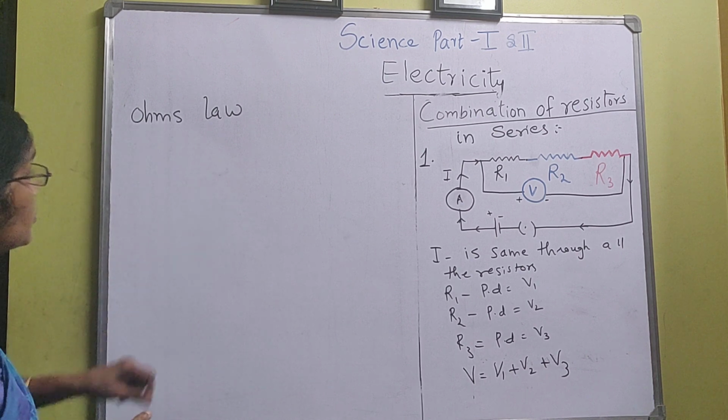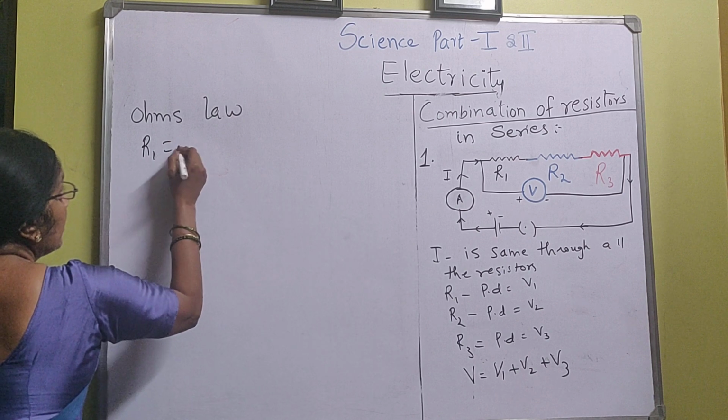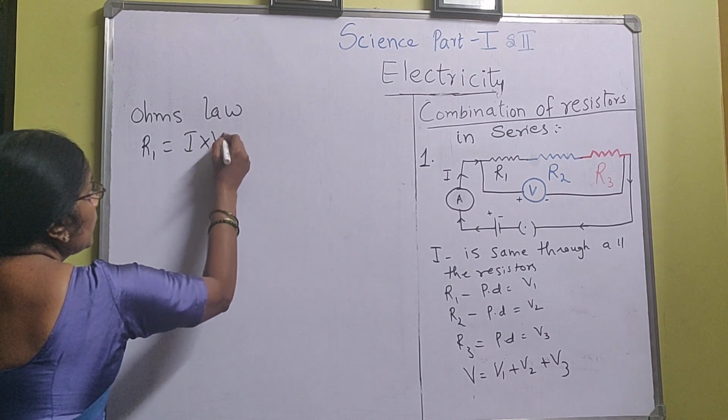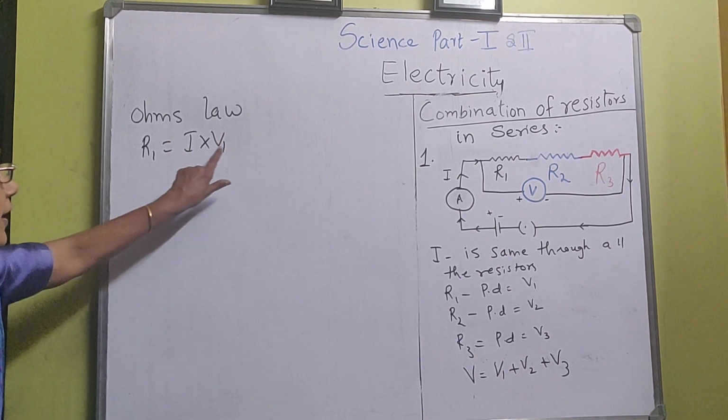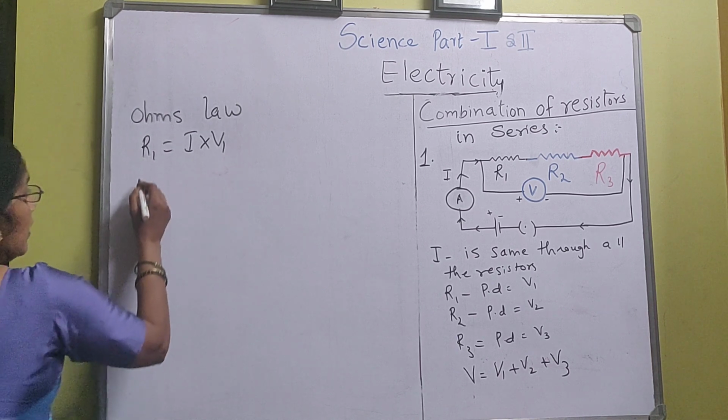Applying Ohm's law, we can find out the total resistance. So according to Ohm's law, what will R1 become? R1 will be equal to V1 by I, potential difference by current.